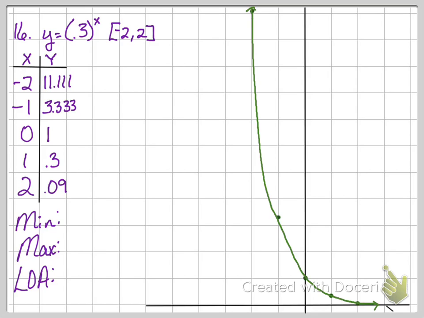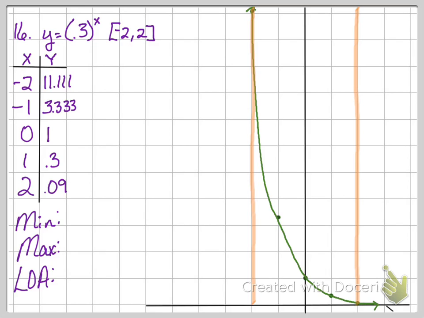So let's look at our interval real quick. Our interval is -2 to +2. Okay. So our high point is on the left.